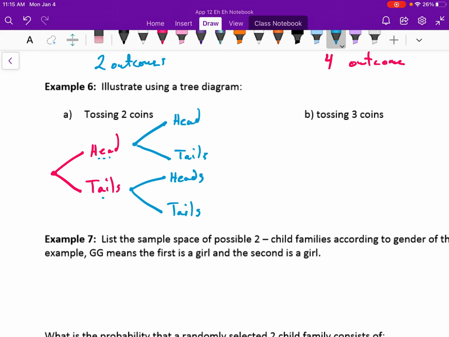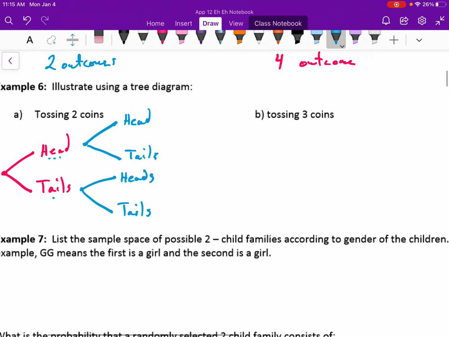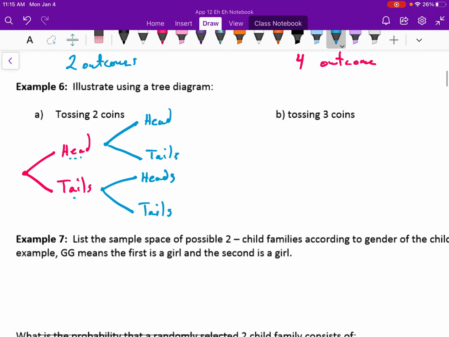Now tossing three coins. Wow, this could take some time. Let me address this situation though. Here I could have heads, heads, heads, tails, heads, tails and then heads, tails, and then tails. So what we see is that there's 1, 2, 3, 4 outcomes.